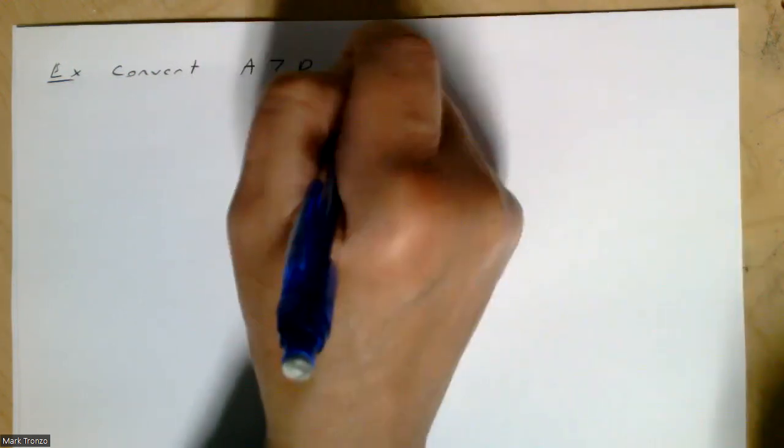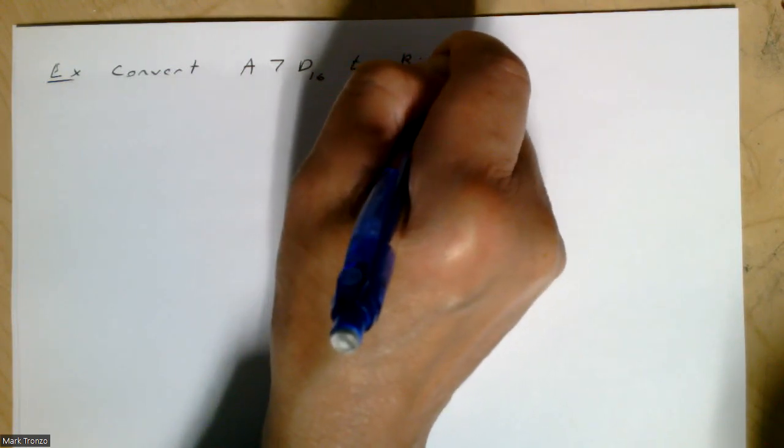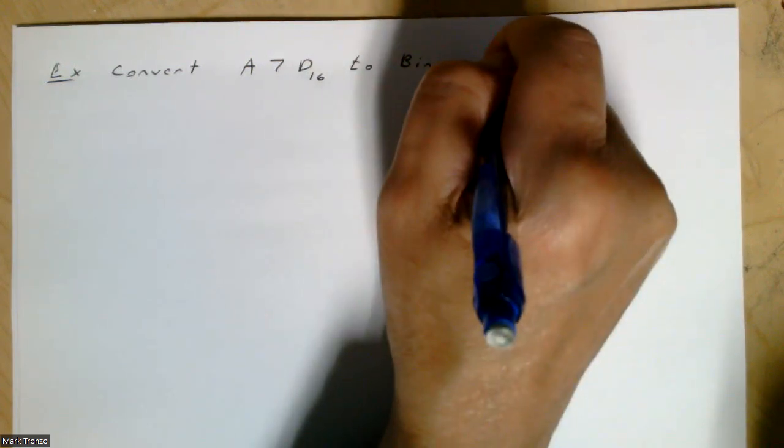Now let's convert hexadecimal notation to binary notation. Let me pick the number I used, A7D base 16. Convert this to binary notation.